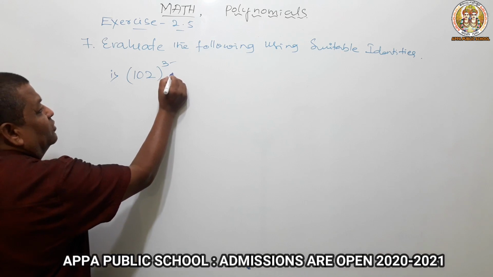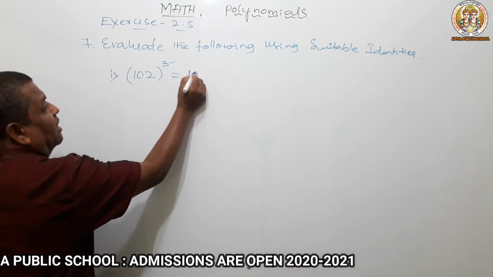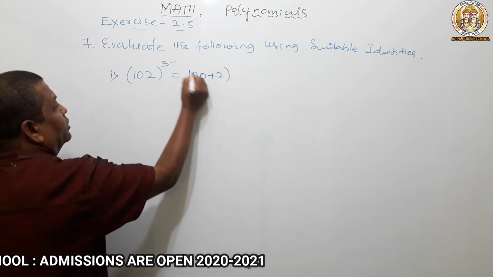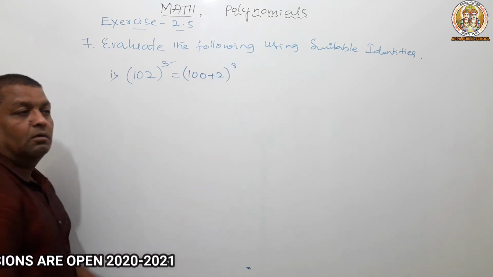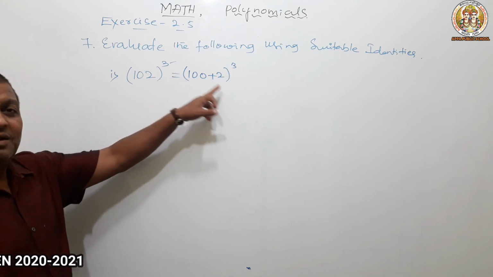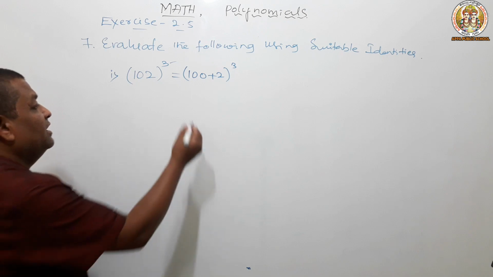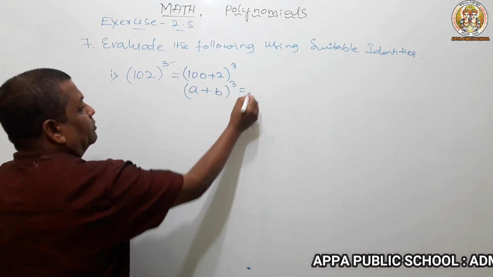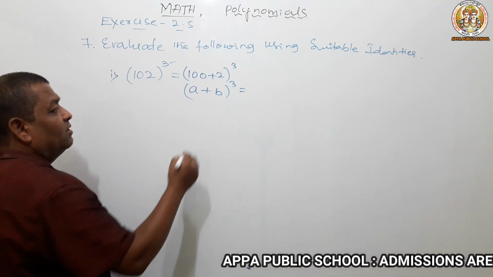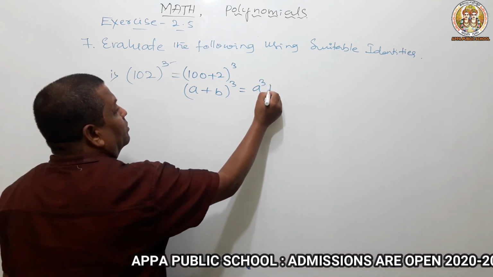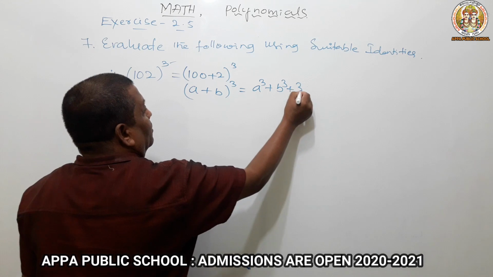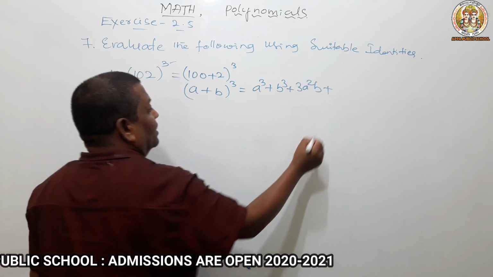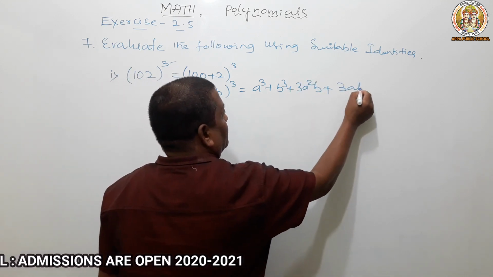How? As usual, write 100 plus 2 whole cube. See, 102 means 100 plus 2 whole cube. Yes, it is in the form of a plus b whole cube. What is the formula? a cube plus b cube plus 3a square b plus 3ab square.